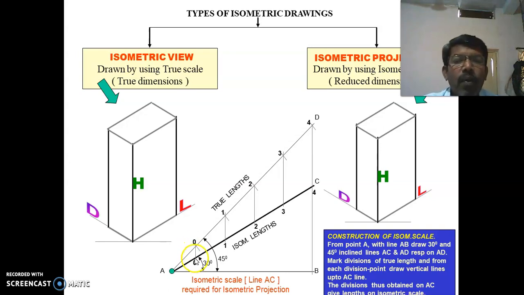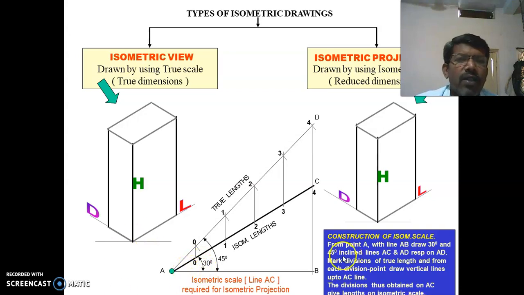Then the points which we get here, that is 0, 1, 2, 3 and this one 4, are the reduced lengths. We will call them isometric lengths. If you calculate naturally, a length of 1 into 0.815 gives 0.815, and if you measure this one also, you will get the same distance, right?